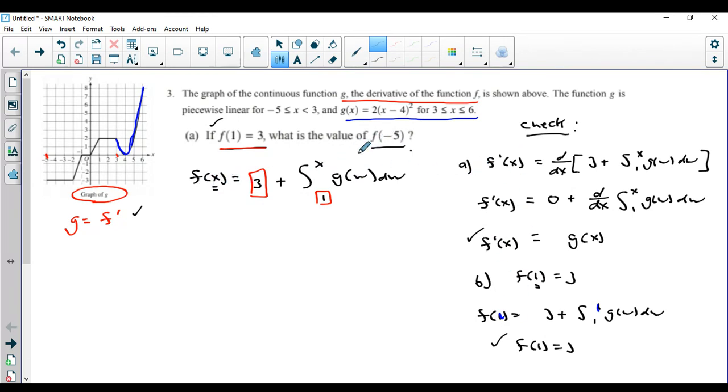Well, now that you have f of x, let's go ahead and find f of negative 5. So then that would be 3 plus the integral from 1 to negative 5 of g of w dw. And the way you're going to do that now, I'm going the integral from 1 to negative 5, so I'm going that way, right? I'm going right to left.